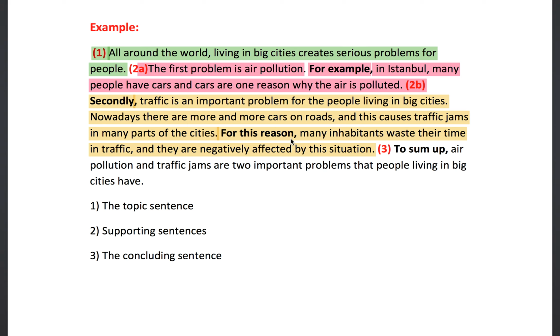Here it tells why the traffic jam makes problems. How does it make problems? It makes many inhabitants waste their time. So having many cars here and having a traffic issue is the cause, or the serious problem, for people in the city to waste time, to just get late for their work. You can say that too.